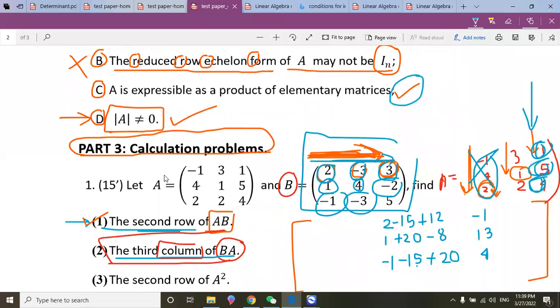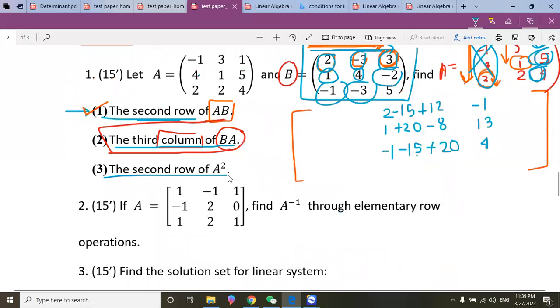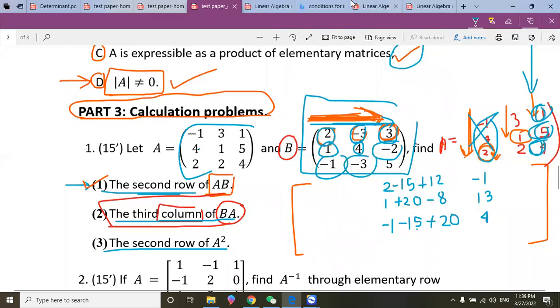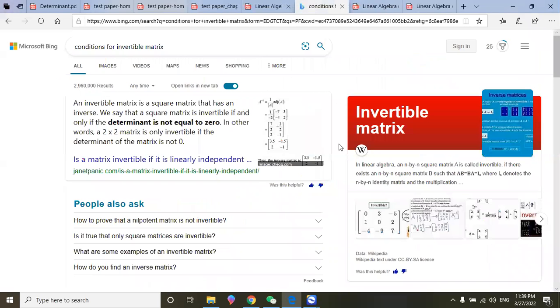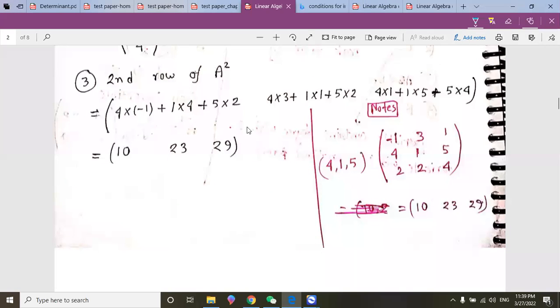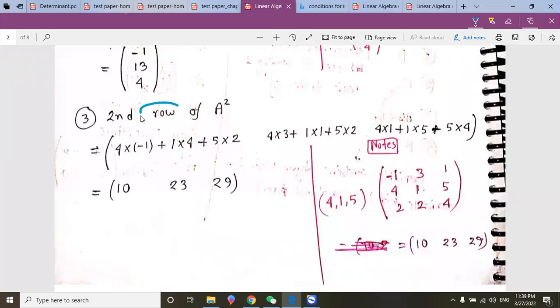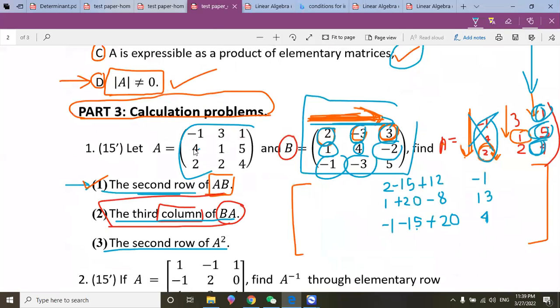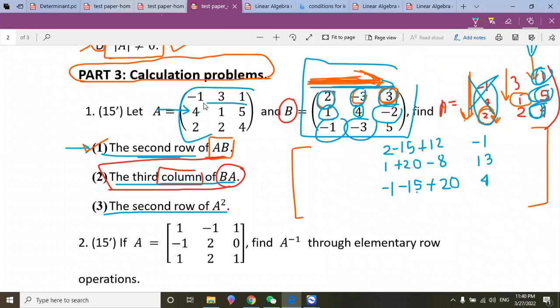The second row of A square. So here is our A. Now we get back to row, right? So we need to take the row from this matrix. The second row of the matrix is 4, 1, and 5.